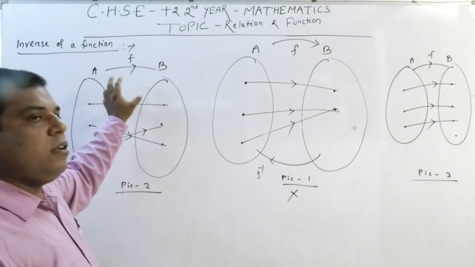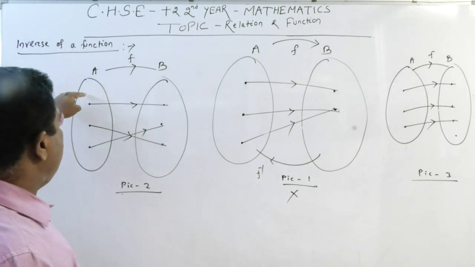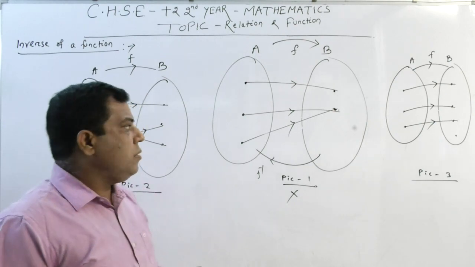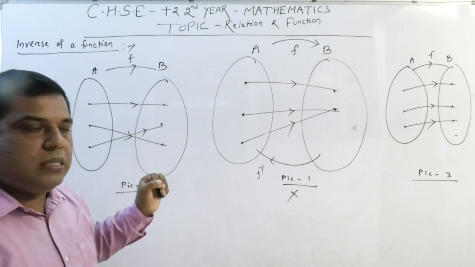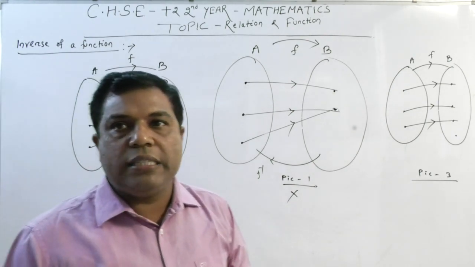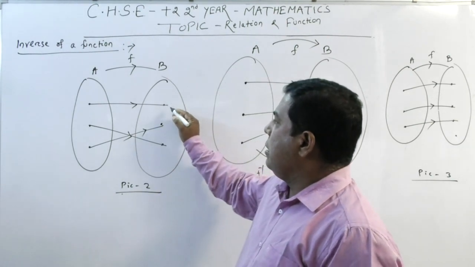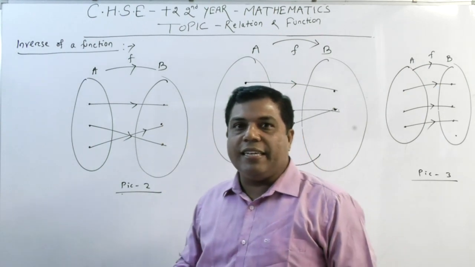The original function f satisfies all its conditions, as all elements of the domain set are mapped. Next, every element has a unique image. Now, can the inverse exist? You see, yes, you can see the inverse can exist here.